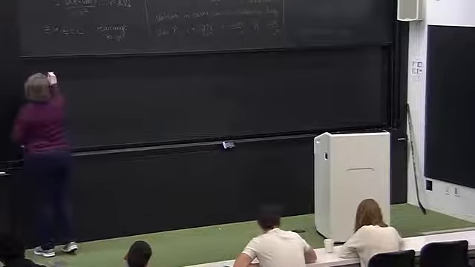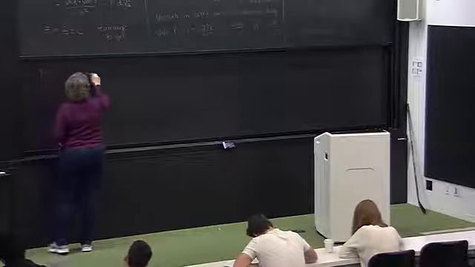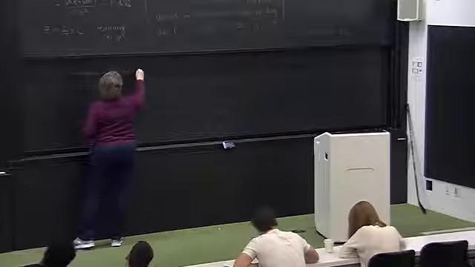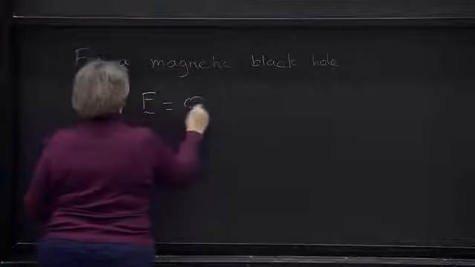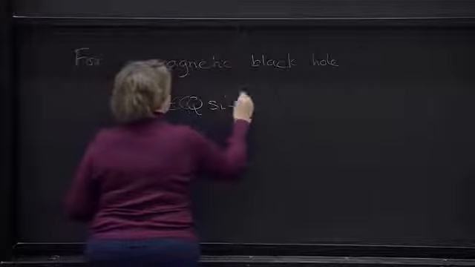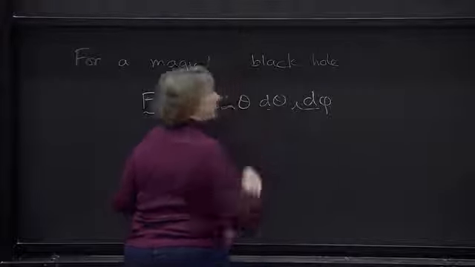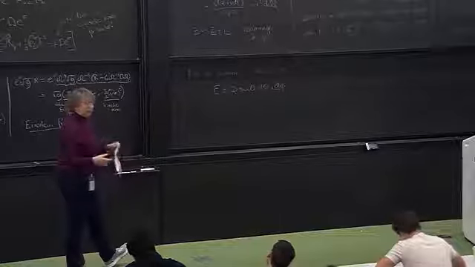But what I wanted to finish off talking about, because it's kind of cool, is the magnetic black hole. So for a magnetic black hole, what you do is you take the field strength and you make it proportional to the area form on the spheres surrounding your object.